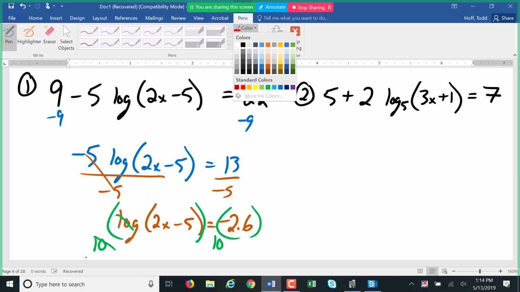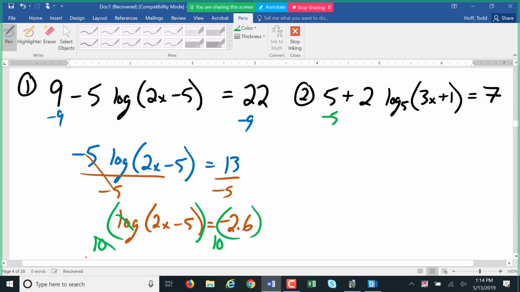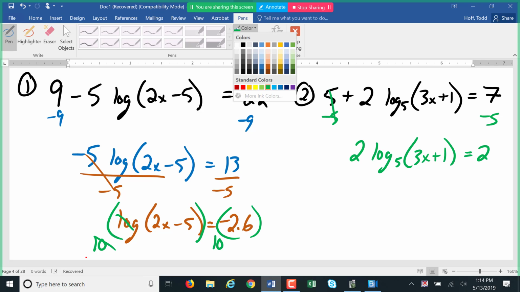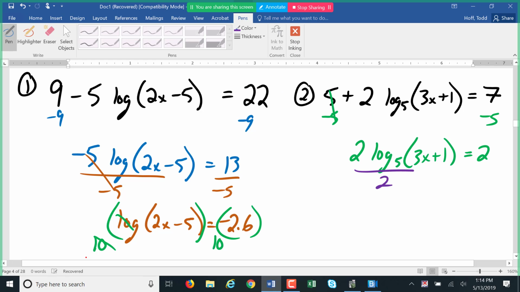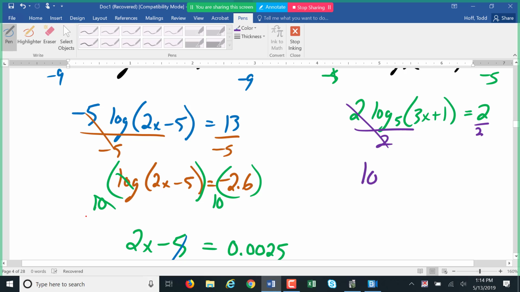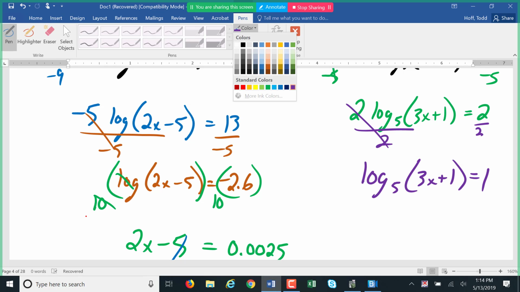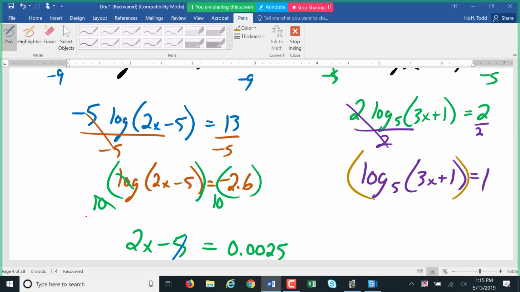Hopefully number 2 went better for us. Number 2, we're going to subtract 5. So 2 times log base 5 of 3x plus 1 equals 2. And then divide by 2. So log base 5 of 3x plus 1 equals 1. And then to the base 5.